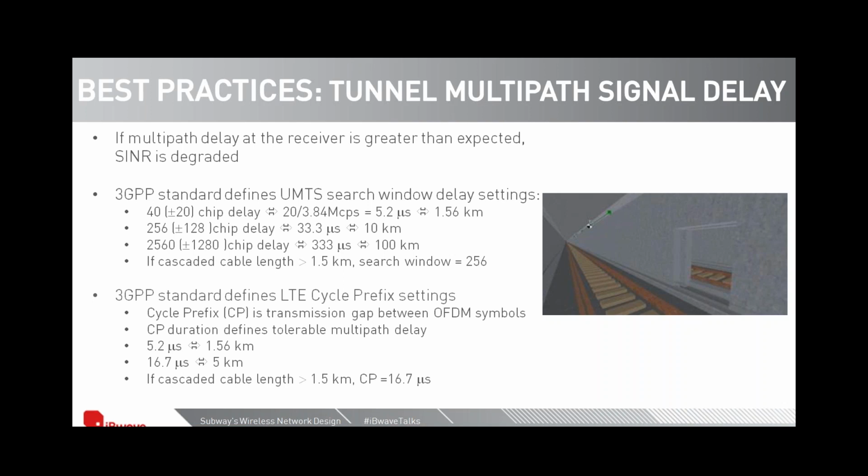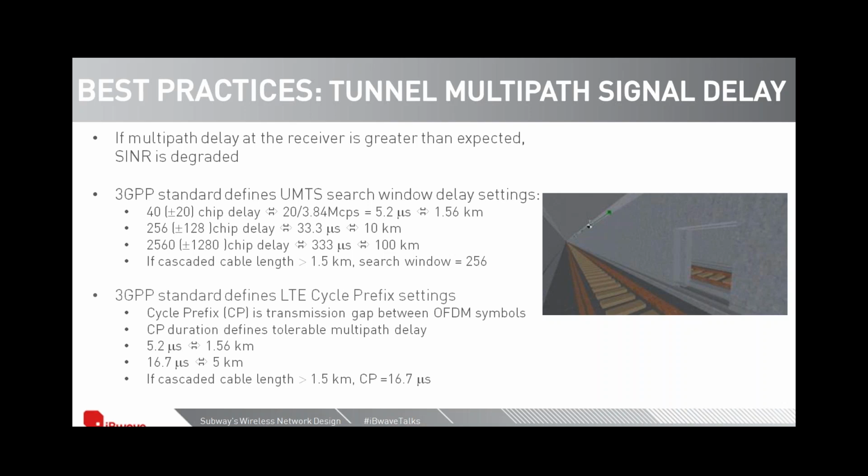3GPP standards also define LTE cyclic prefix settings. This is the way LTE fights multipath. Cyclic prefix is a transmission gap between OFDM symbols, and CP duration defines tolerable multipath delay. There are two values.